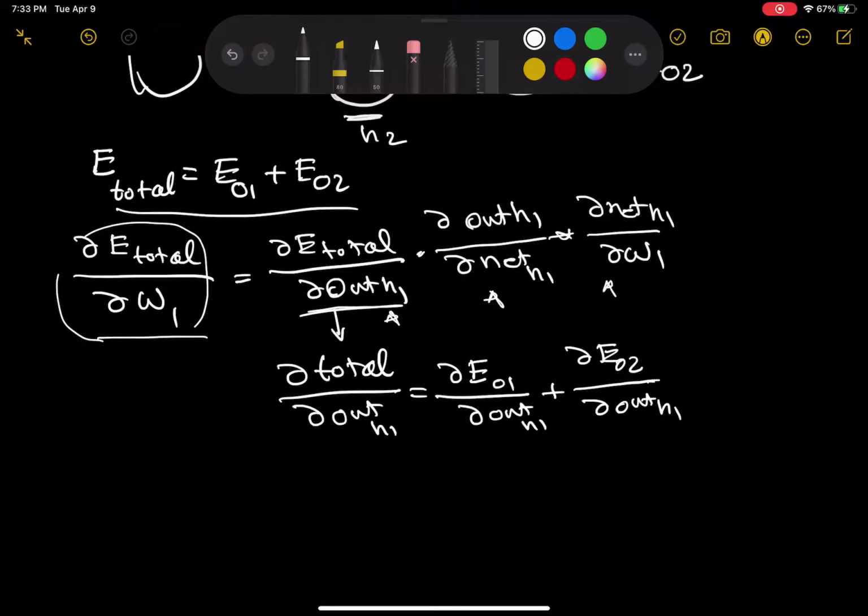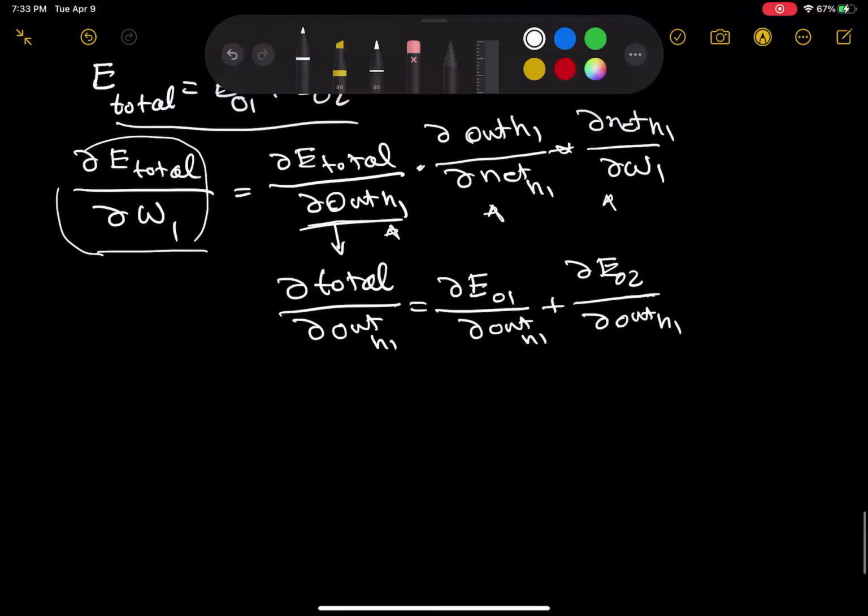This is the whole set of steps. It's a little bit cumbersome, again, but otherwise it's not that hard to do. So I'm going to do this. We know E of total here, we know this formula. I'm going to write here the derivative of O1, probably with respect to H1.